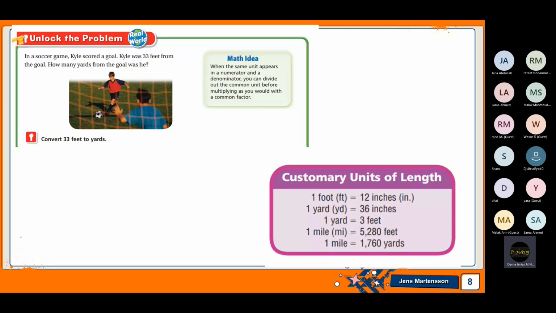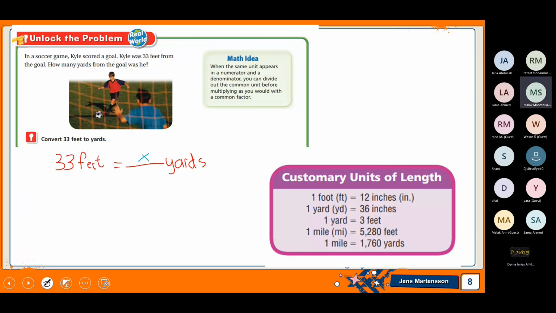They told me that the distance from Kyle to the goal is 33 feet, and they ask me to convert the 33 feet to yards. So I will write 33 feet. How many yards is that? This is the question.